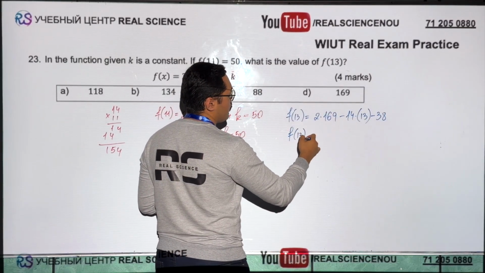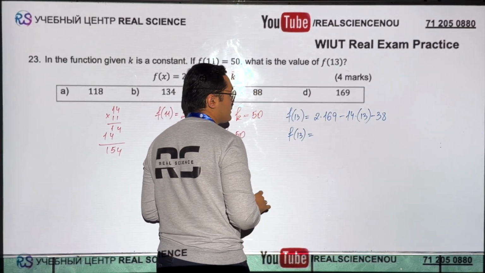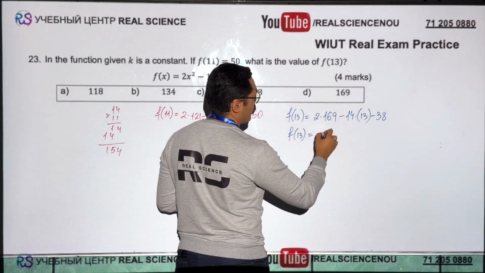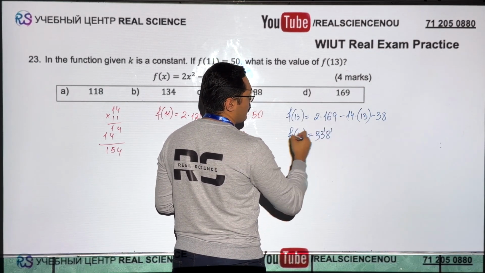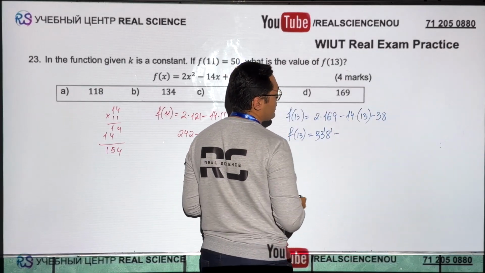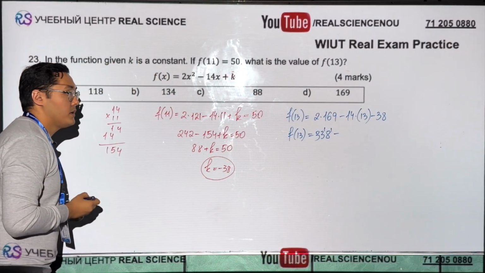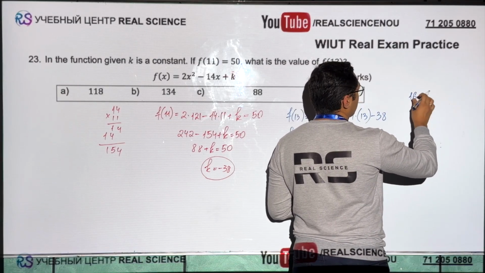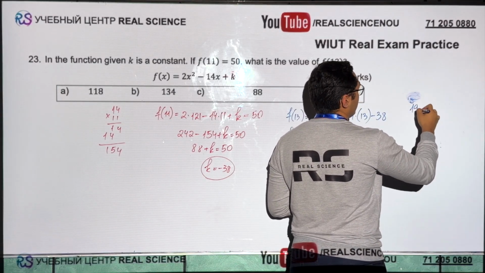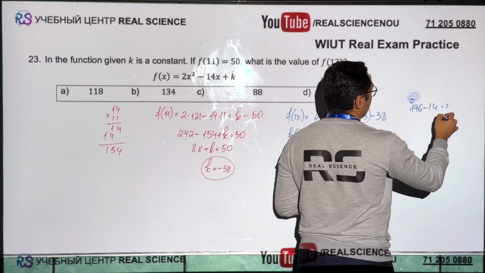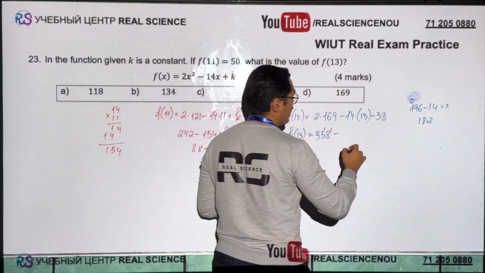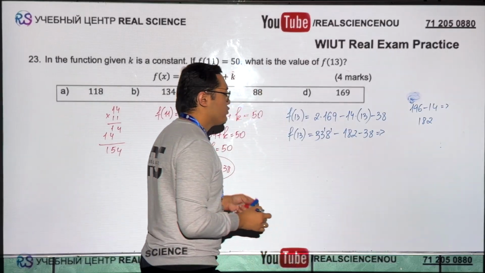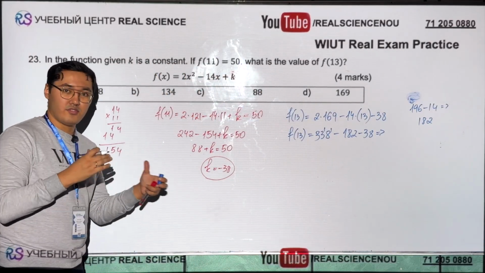F of 13 is 2 times 169, which is 338, minus 14 times 13, which is 182, minus 38. Because we have a lot of calculations, I'm doing it very quickly.